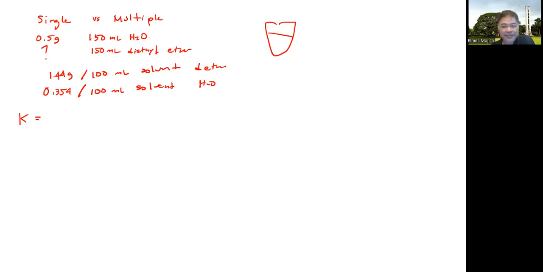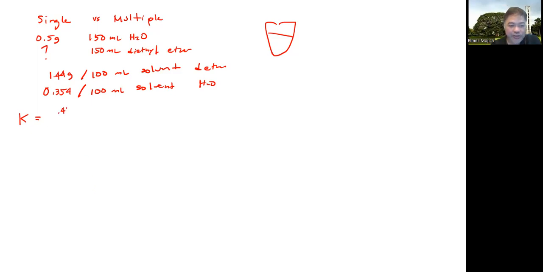It's not C1V1. I have this 0.5 grams in 150 ml water. If I put a layer of the organic solvent, how much will the distribution be? This is the solubility that we know, so all you need to do is determine the K.